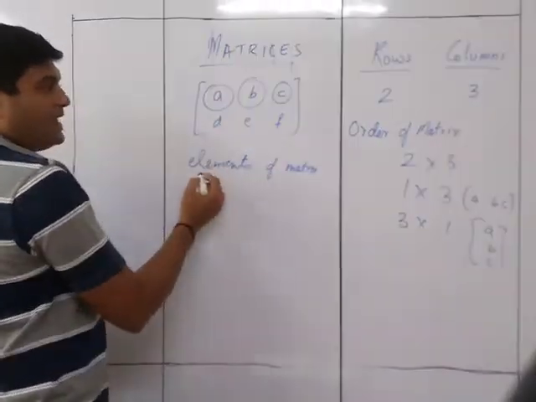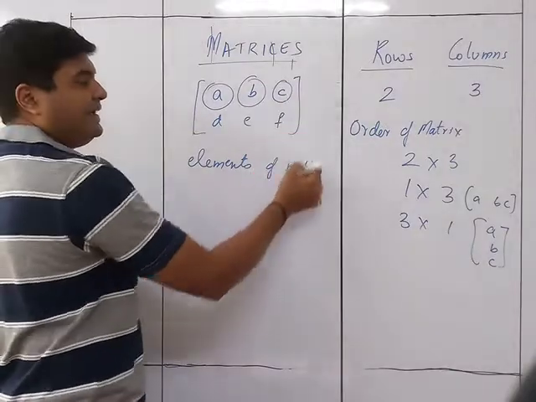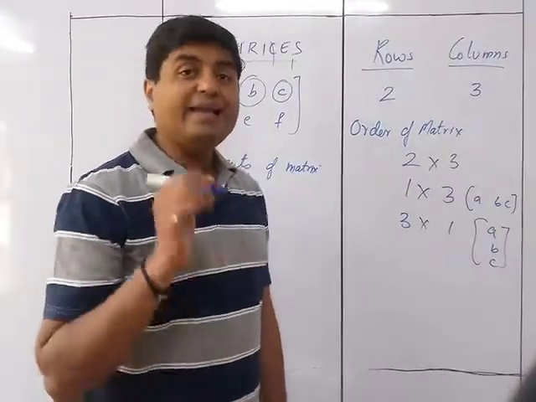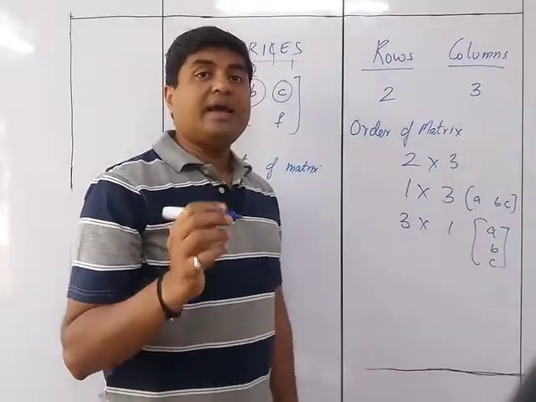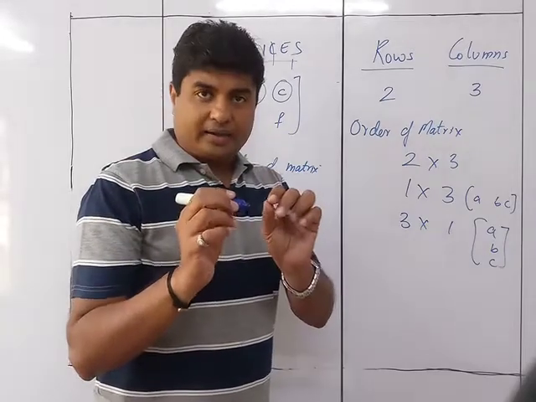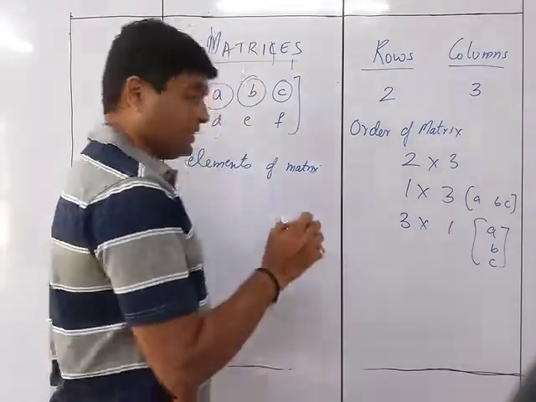So A is an element, B is another element, C is another element. These are the elements of the matrix, and each and every element can also have coordinates, like in a graph.